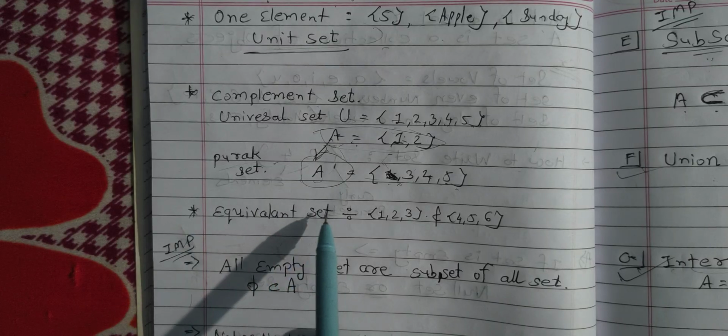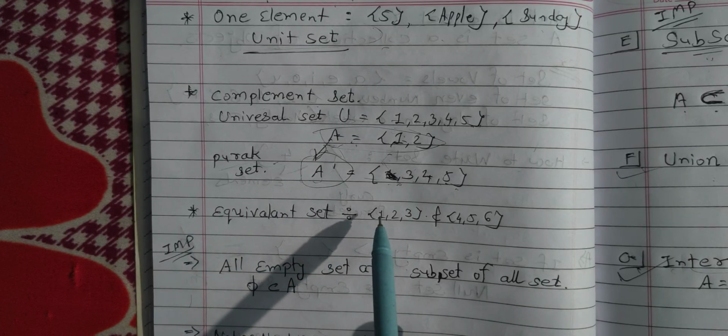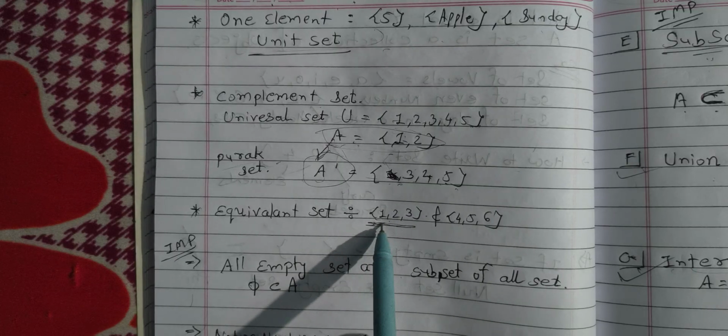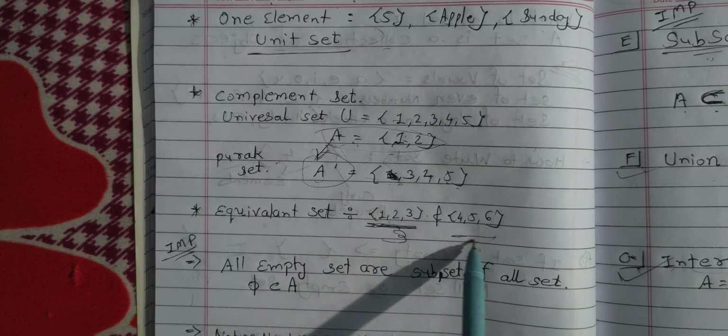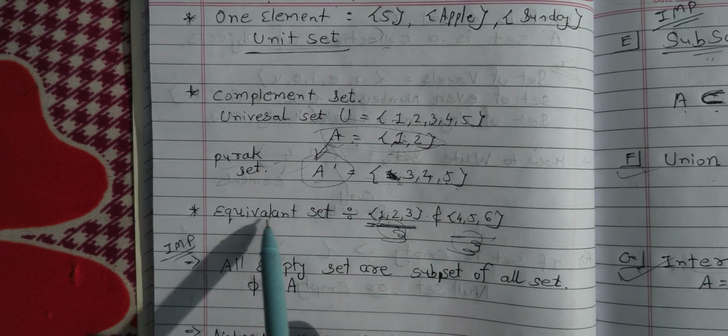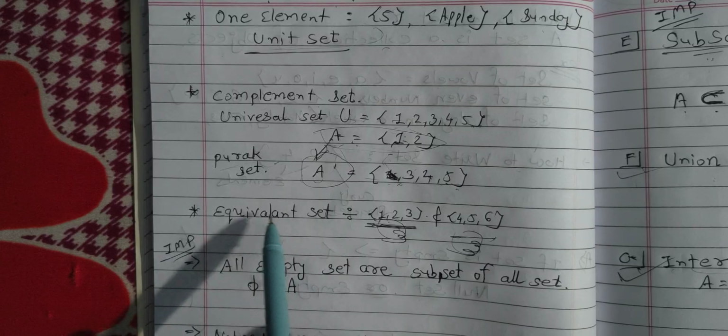Now equivalent set. Equivalent set means कि the numbers are same. मतलब it has 3 elements, this also has 3 elements. That's it. So that will be equivalent set. Don't confuse that with equal set.